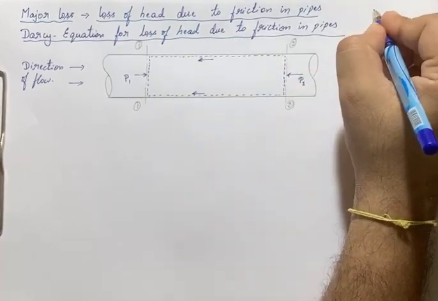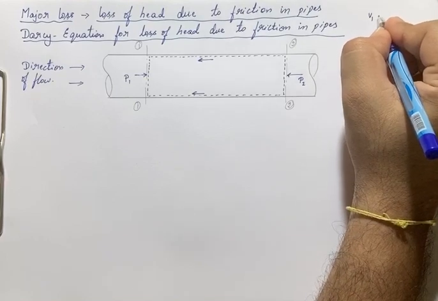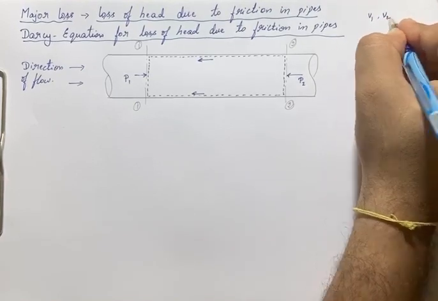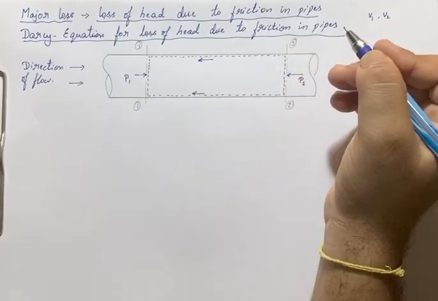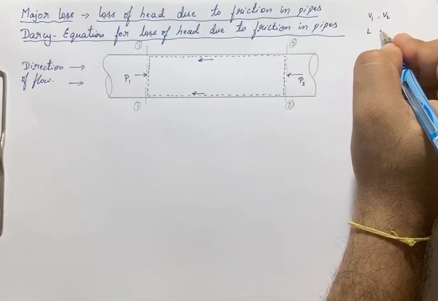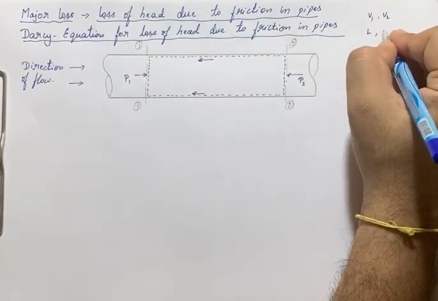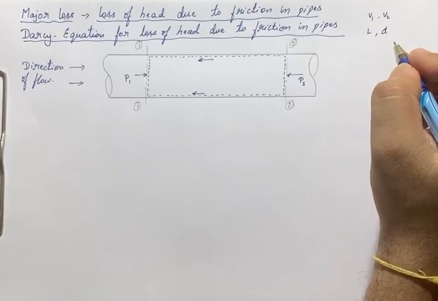V1 and V2 are the velocities at section 1 and section 2. Capital L is the length between two sections, and small d is the diameter of pipe here.